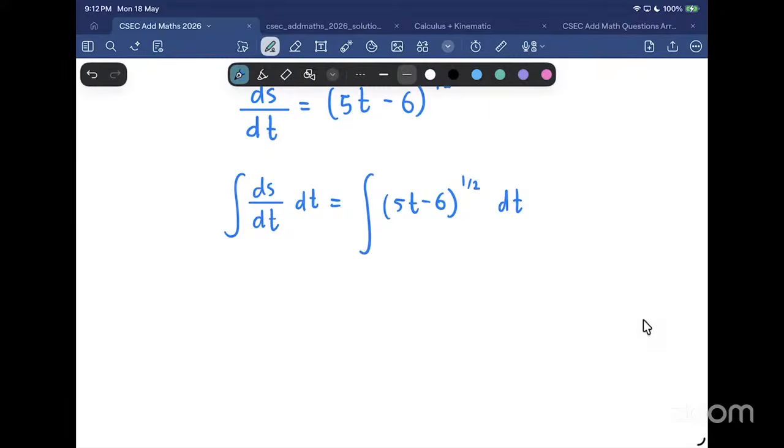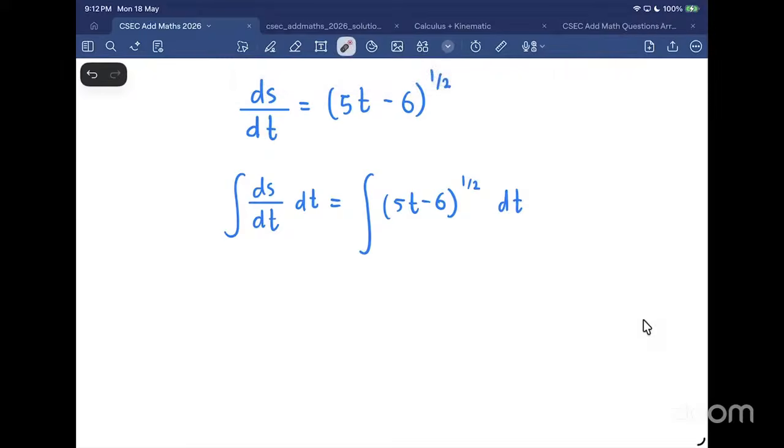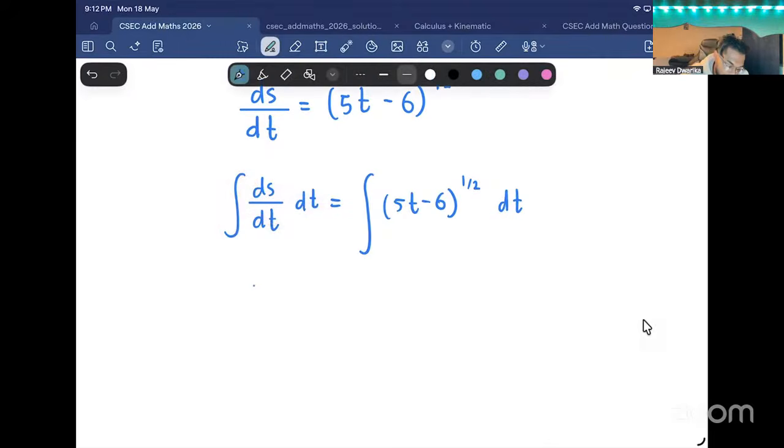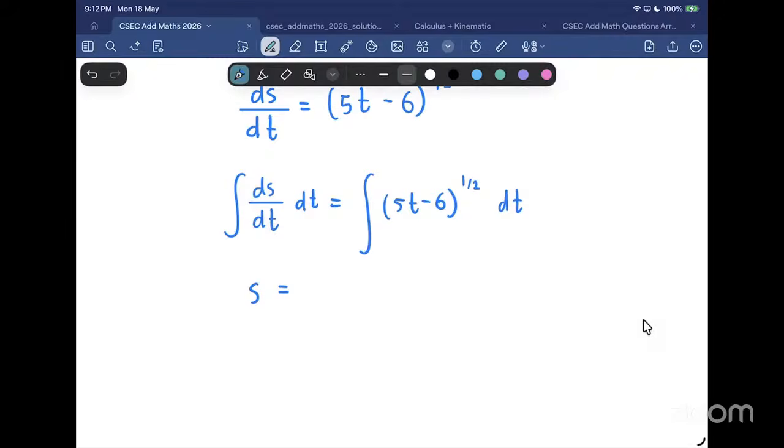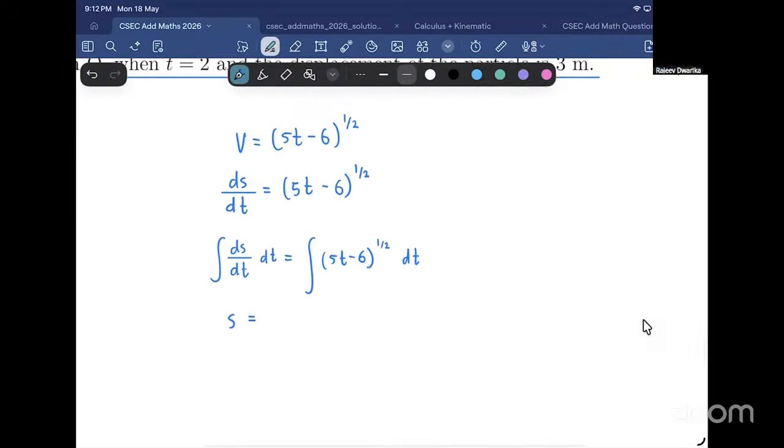Something that was originally there. So, just s. Because ds dt meant that I differentiated s with respect to t. So if I integrate it with respect to time, it's gonna undo the differentiation to give us back s. And what does s stand for? s is displacement.